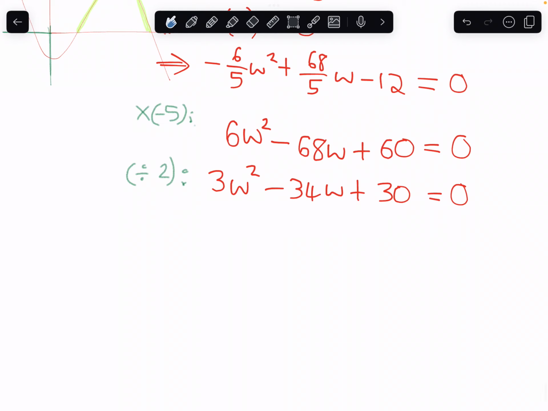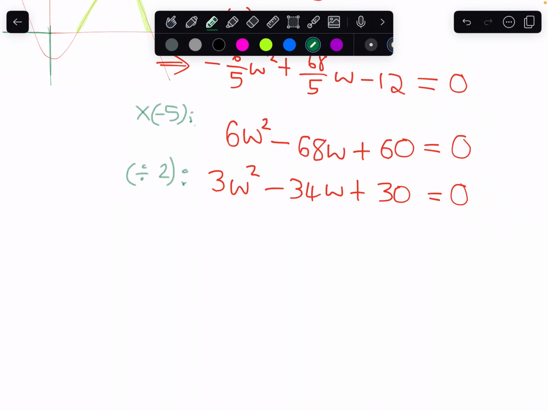My method of factorizing is grouping. So I'm looking for two numbers a and b such that a times b is equal to 3 times 30, which is 90, and a plus b is equal to negative 34. So I'm going to look at the negative factors of 90 and see if any of them add up to negative 34.